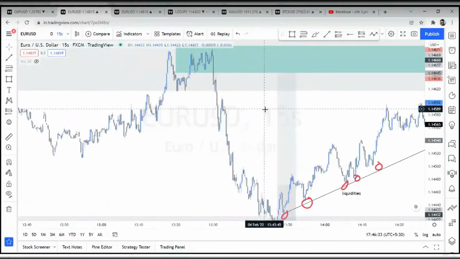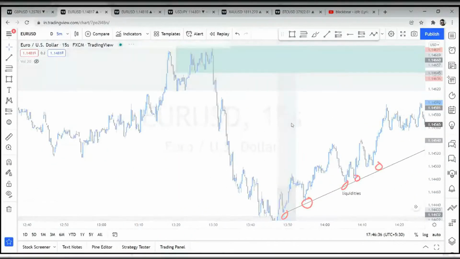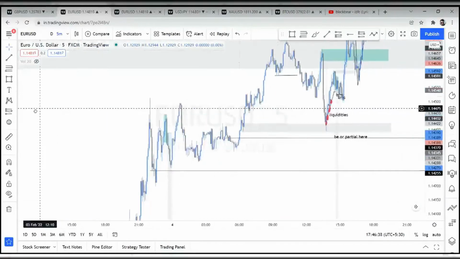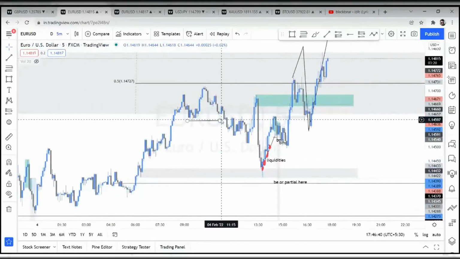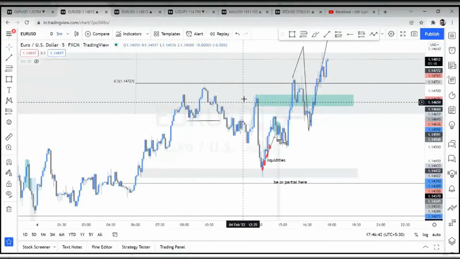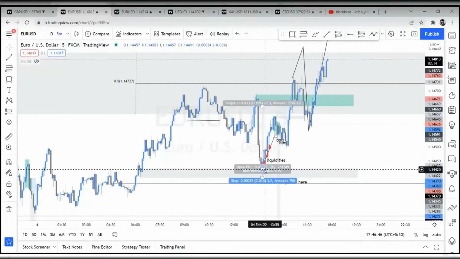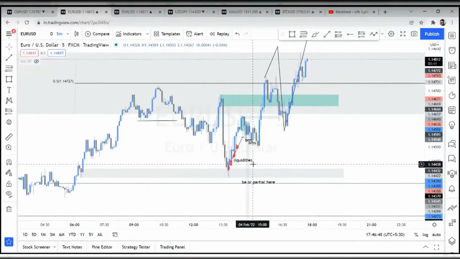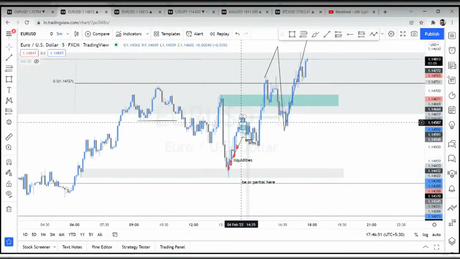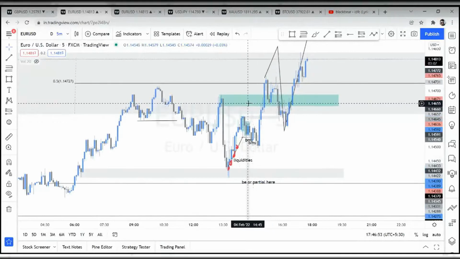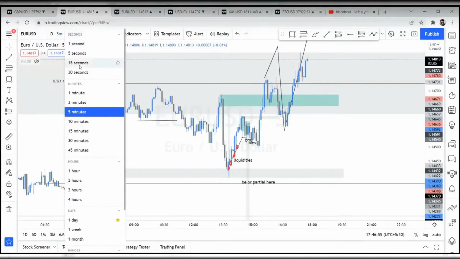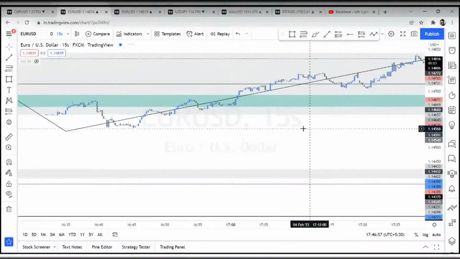So since on the 5-minute chart we already had a break of structure here, we are on our area of interest, point of interest, and price is already giving this break. So our anticipation is that from this reversal to here, we will look for a sale. So that is the sale that I gave out here.